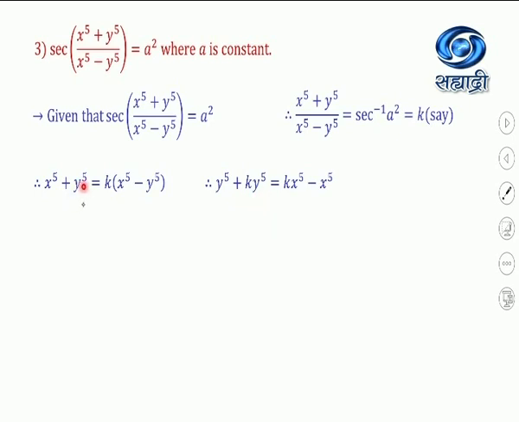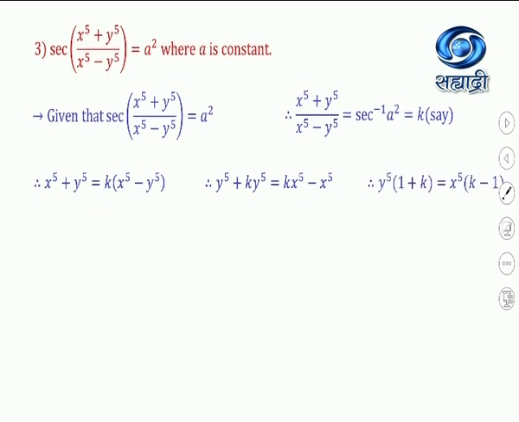Now take this x raised to 5 on the right hand side with negative sign, and k into x raised to 5, that is this.